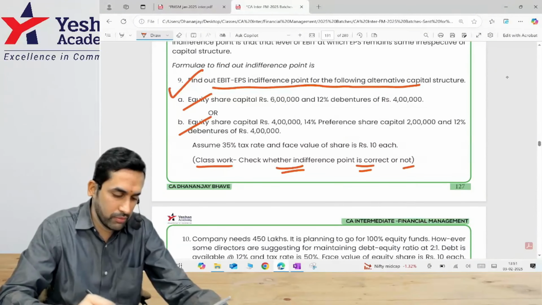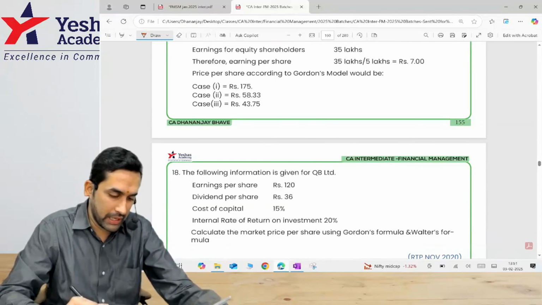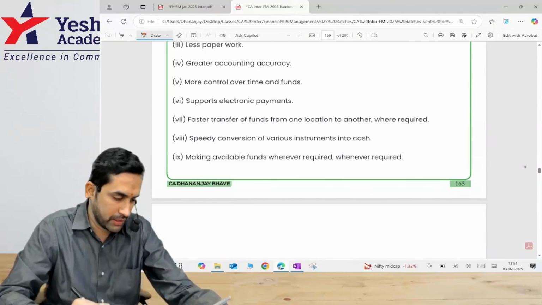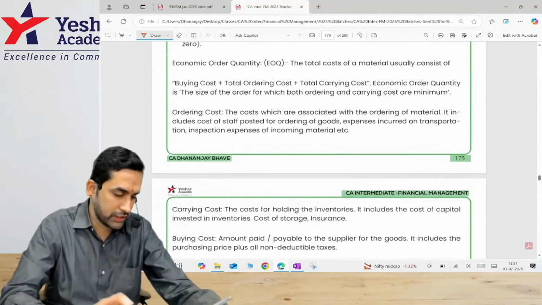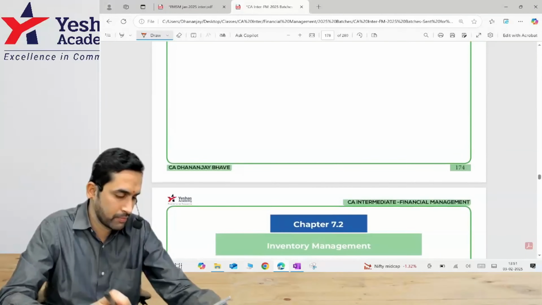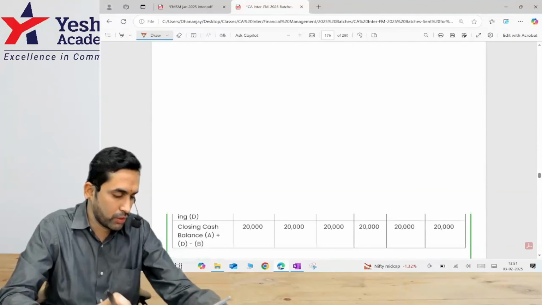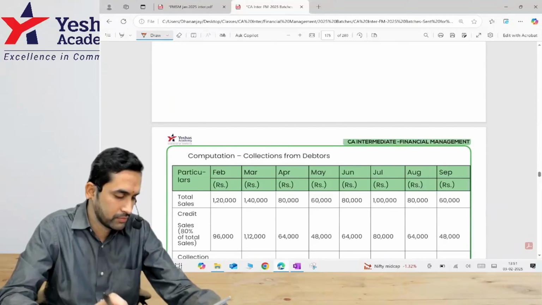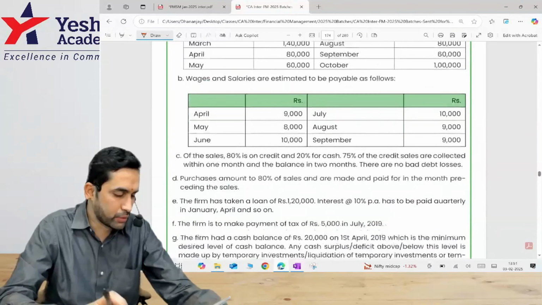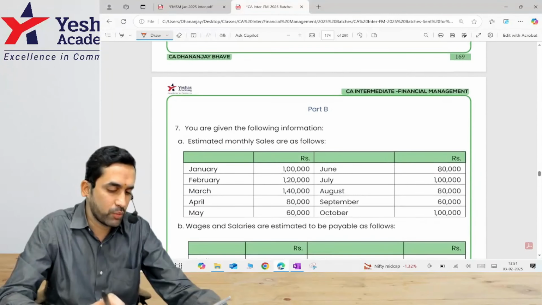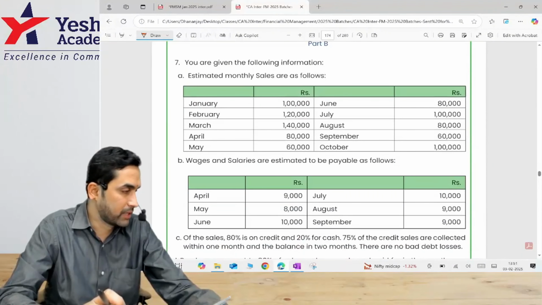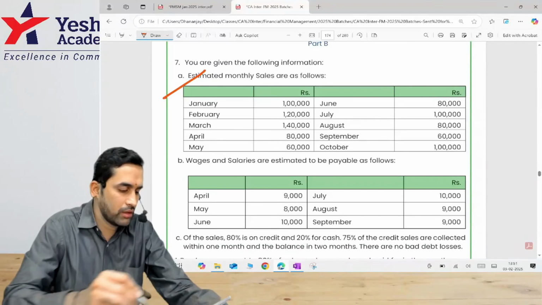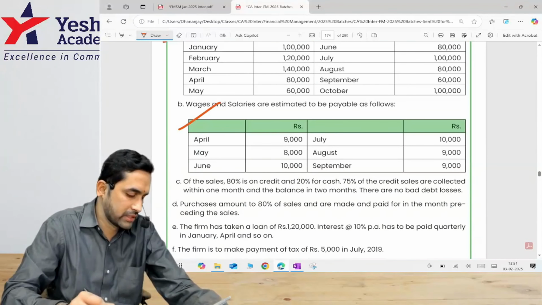If you have the book with you, come to working capital management. In the treasury management, I think the first question itself was much more detailed than this. Or you can even come to this page 170. You have a similar question. Estimated sales, wages and salaries.